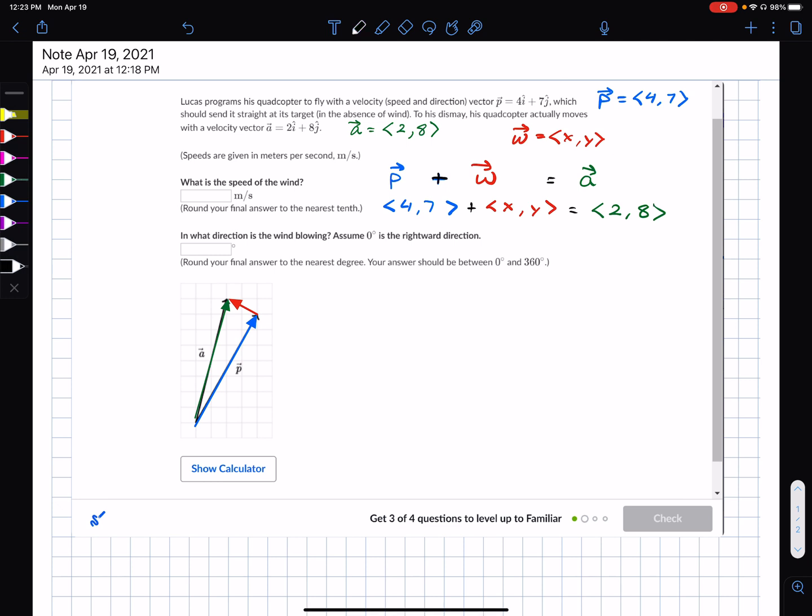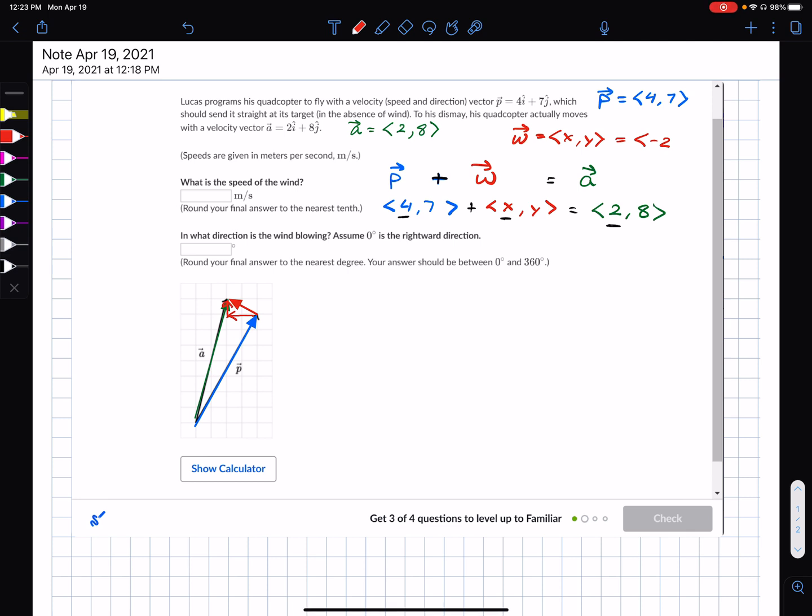So it gets as basic as thinking of it as 4 plus what equals 2. Well, you could surmise real quick that the x value for w is going to have to be -2, which, like I said earlier, is kind of like saying it's left 2 and up 1.